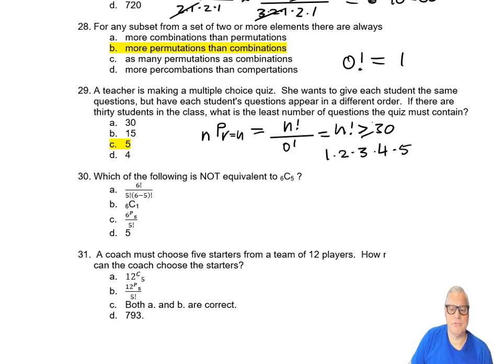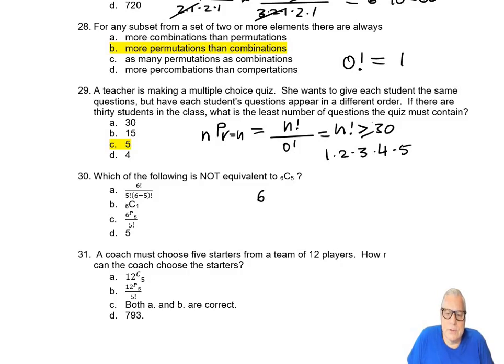Which of the following is not equivalent to combinations from 6 choose 5? Let's first write this one here.